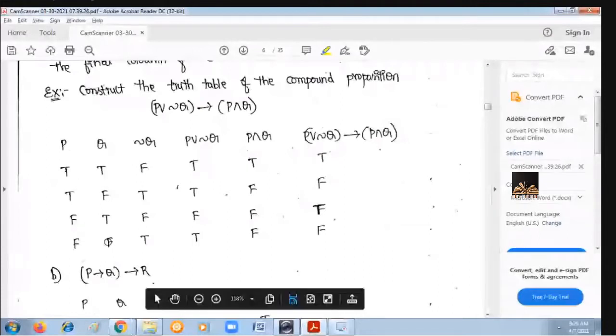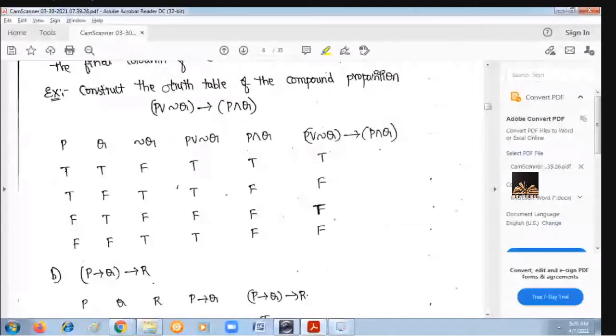Now, you need to design the truth table, right? So first, identify how many different terms you have inside this compound proposition. So this is one term: P or negation Q is one term. P and Q is one more term. Until and unless you design the truth table for these two terms, you cannot construct the truth table for the whole compound proposition, right?